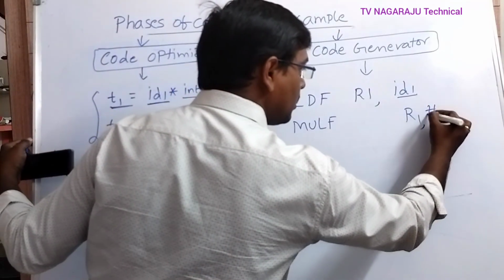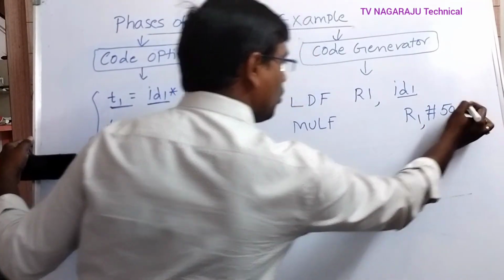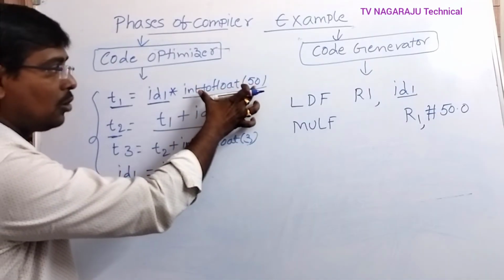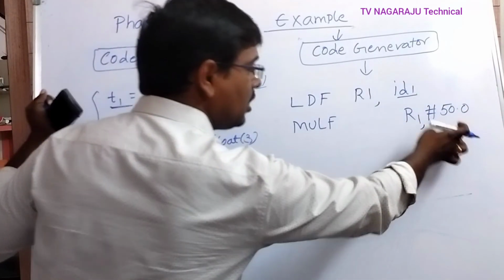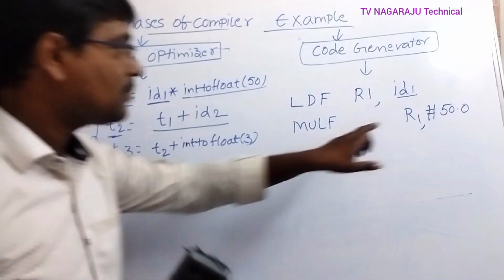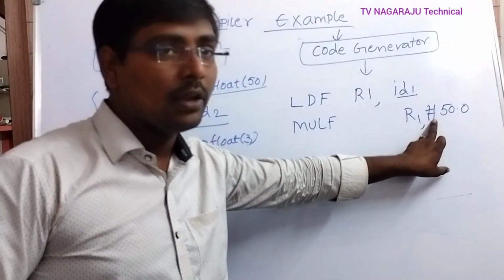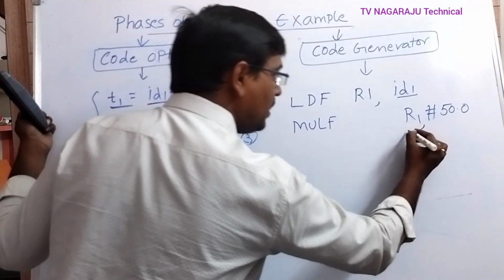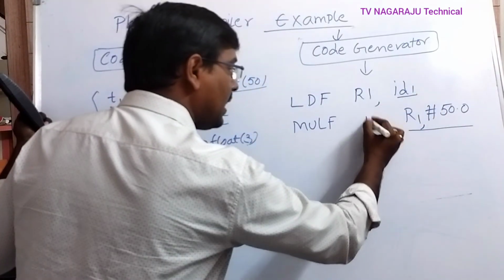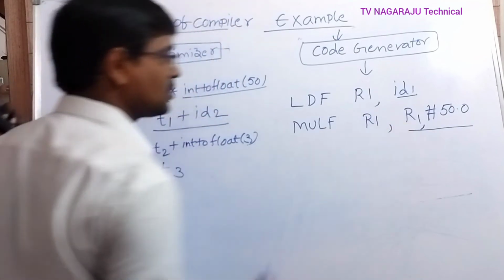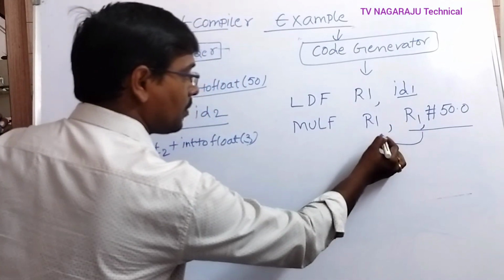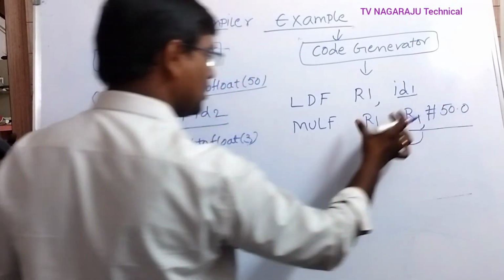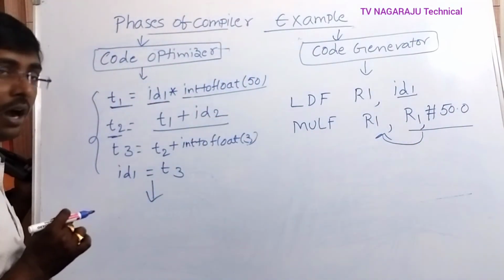So hash 50.0. Why 50.0? If you are performing this operation, automatically 50 is converted into 50.0. And before a constant we are using hash symbol. Now perform multiplication between these two and again stores the result in this one. This is this way. The right side is the source, left side is the destination. Perform multiplication and result is stored in R1, right?